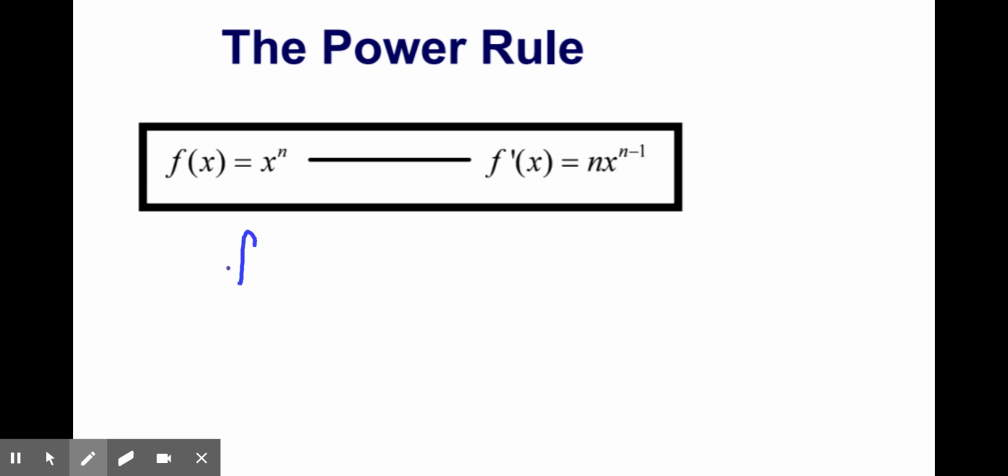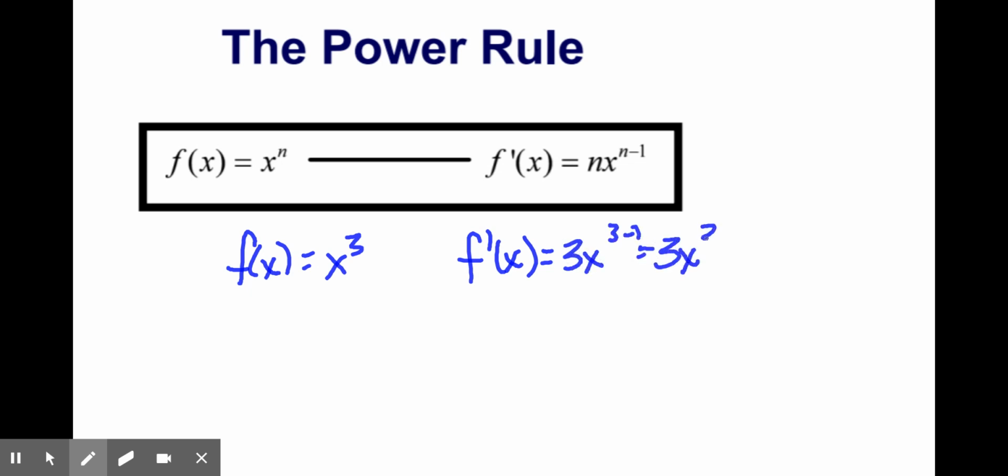So, for example, when f of x is x cubed, its derivative is just, well, take the 3, put it in the front, take 1 from the power, and you get 3x squared. That's the answer I told you it was. This is called the power rule. It's pretty much the most basic of the rules that we're going to learn this year.